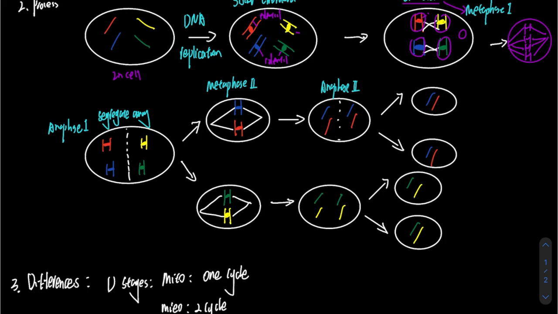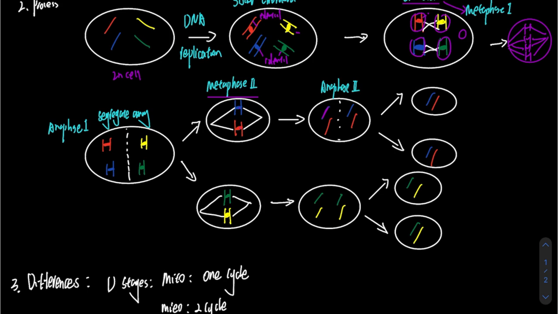And then the anaphase separates the four sister chromatids into two parts. In this one part, there is a blue and a red, and in another part there is green, green and yellow. And then it induces the metaphase 2 and goes to anaphase 2.